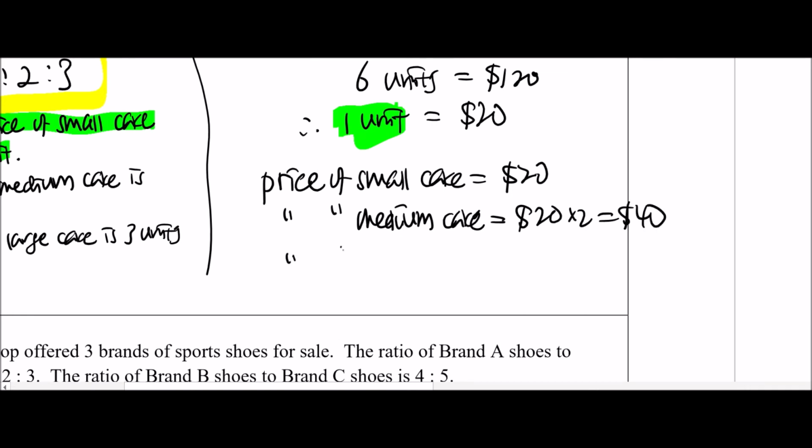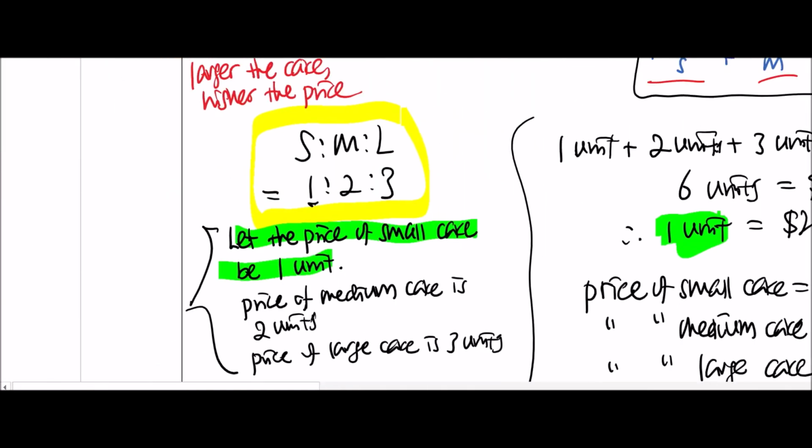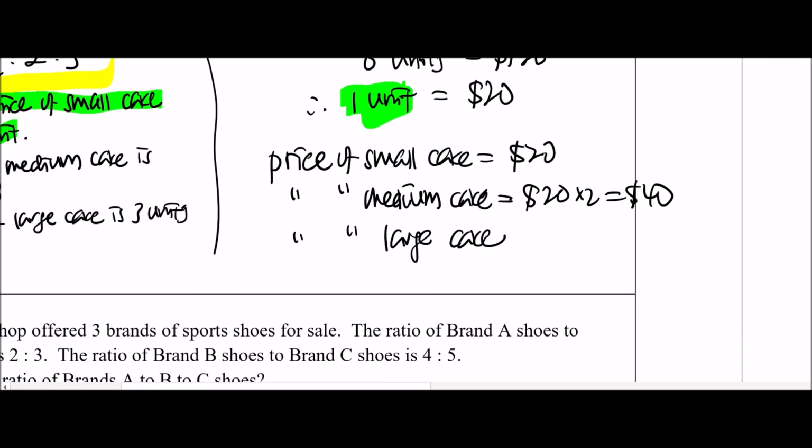And the price of the large cake is 3 units, and therefore it is $60. Or rather, I should write down the full working: 20 times 3, that gives me 60.